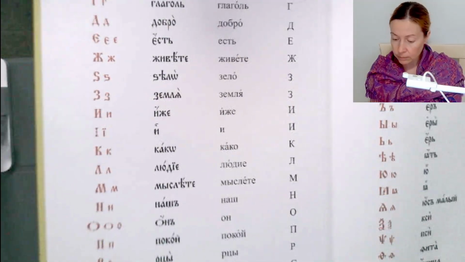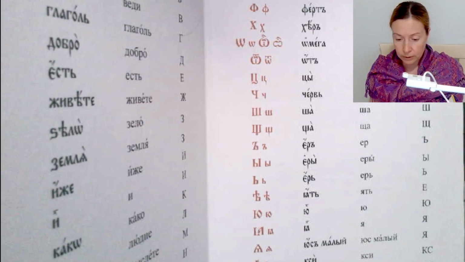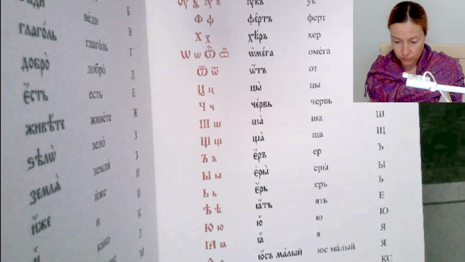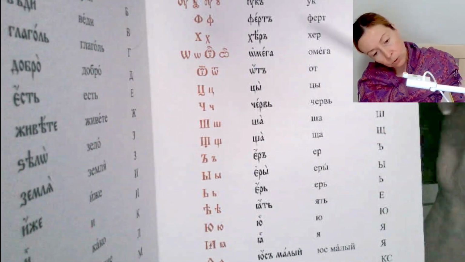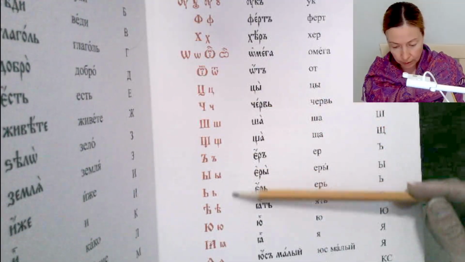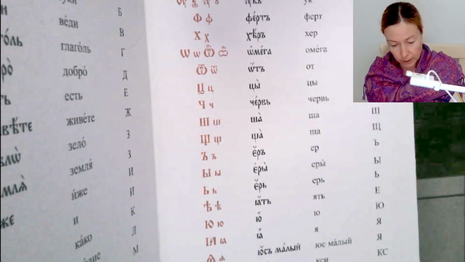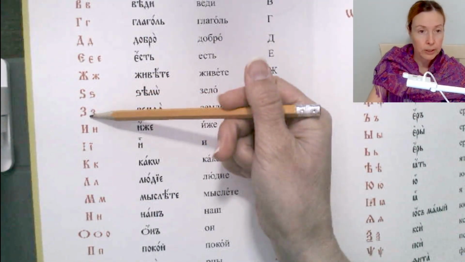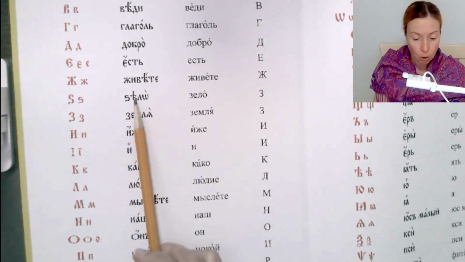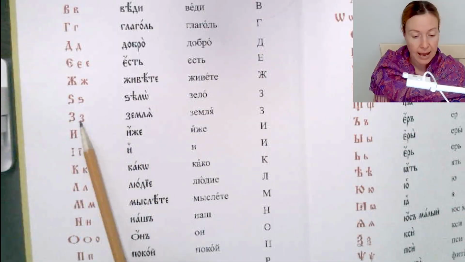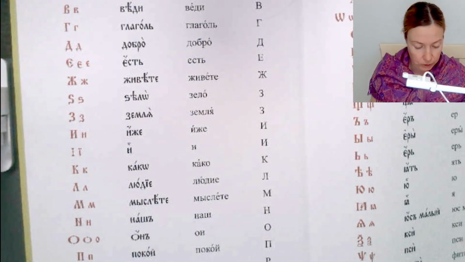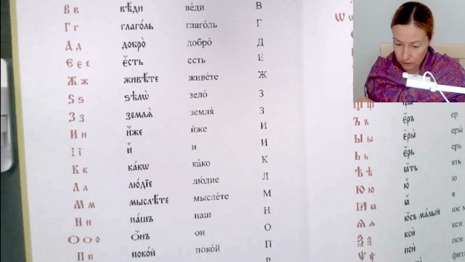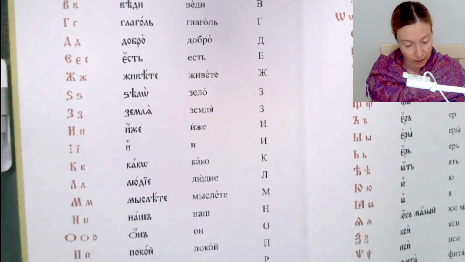Or what else? We have u, uk. What else do we have right now? I don't see much, but we have quite a few letters that do. Here, zelo and земля. You see, zelo, z, земля, z. Then why? We'll discuss, but I just want you to notice right now that. What else? We have something else like fita, fe.